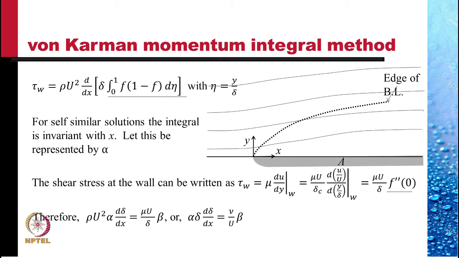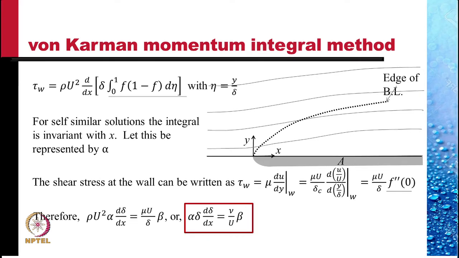And we name this beta. So with this beta, I get an equation alpha delta d delta by dx is equal to nu by U beta.